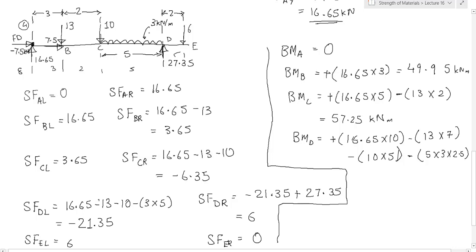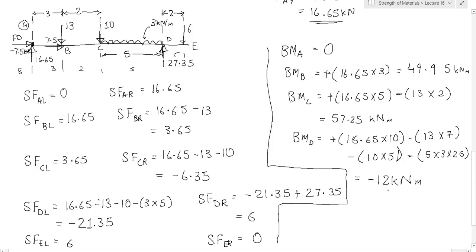Because the 3 kilonewton per meter uniformly distributed load acts over 5 meters, and it is acting at the center, so 3 into 5 into 2.5. Calculating 16.65 into 10 minus 13 into 7 minus 10 into 5 minus 5 into 3 into 2.5, I am getting the answer minus 12 kilonewton meter.